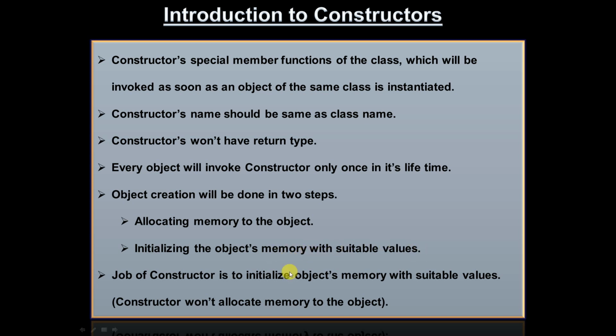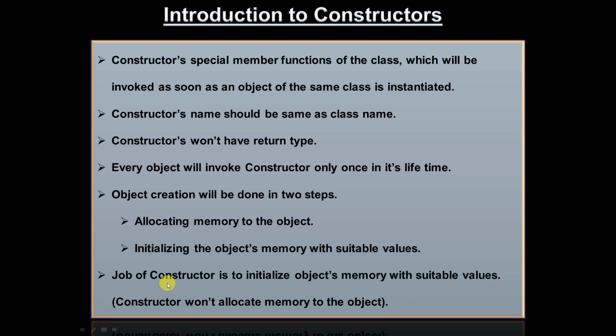So what is the job of the constructor? The purpose of the constructor is to initialize the object's memory with suitable values. But keep in mind that a constructor won't allocate memory to the object. If anybody says constructors allocate memory for the object, this is wrong. Constructors will never allocate memory for the object, but they will initialize the object's memory with suitable values.